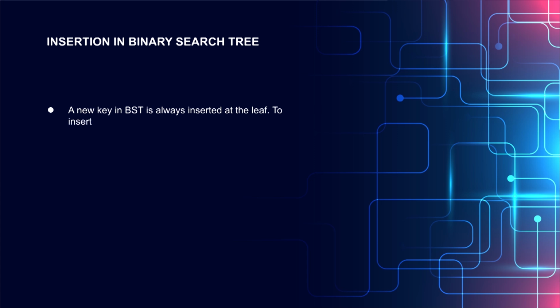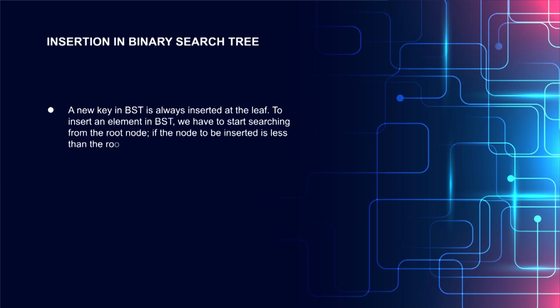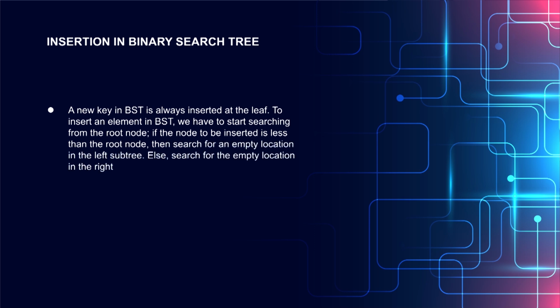So, after the second operation, the deletion operation, now we go for the insertion. How do we insert a new element in a binary search tree? A new key in a binary search tree is always inserted at a leaf. To insert an element in a binary search tree, we have to start searching from the root node.